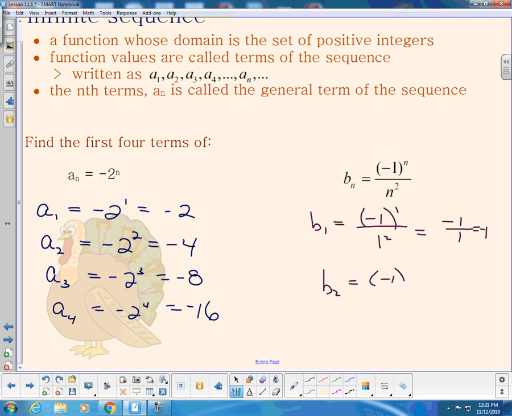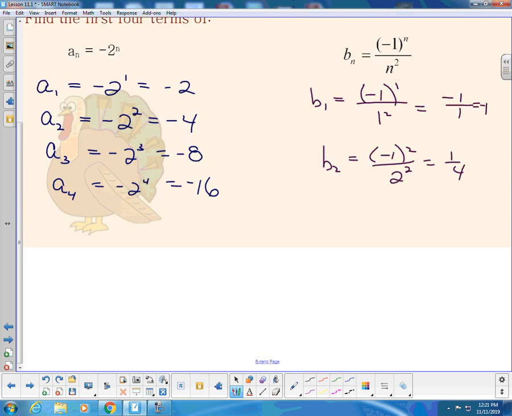If I have negative 1 squared over 2 squared, I get a positive 1 over 4. Third term is negative 1 to the third over 3 squared. So negative 1 to the third, that negative is going to stay. 1/9.